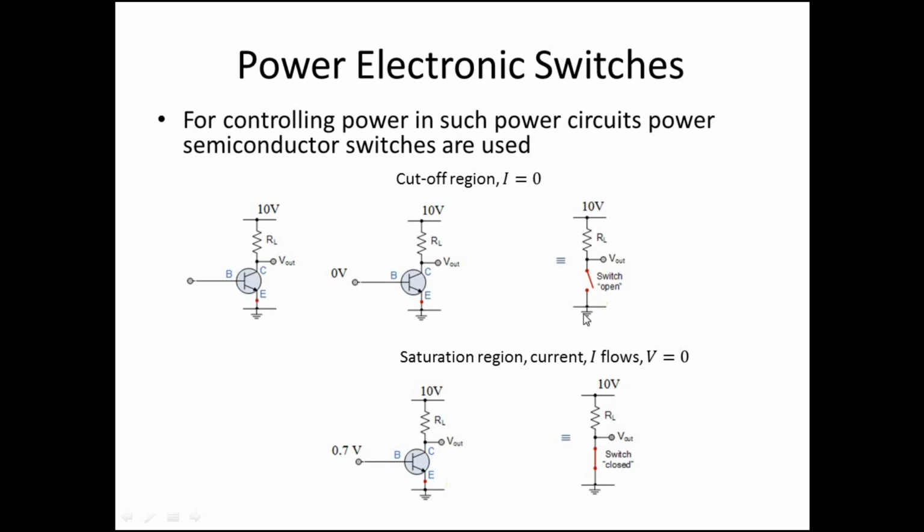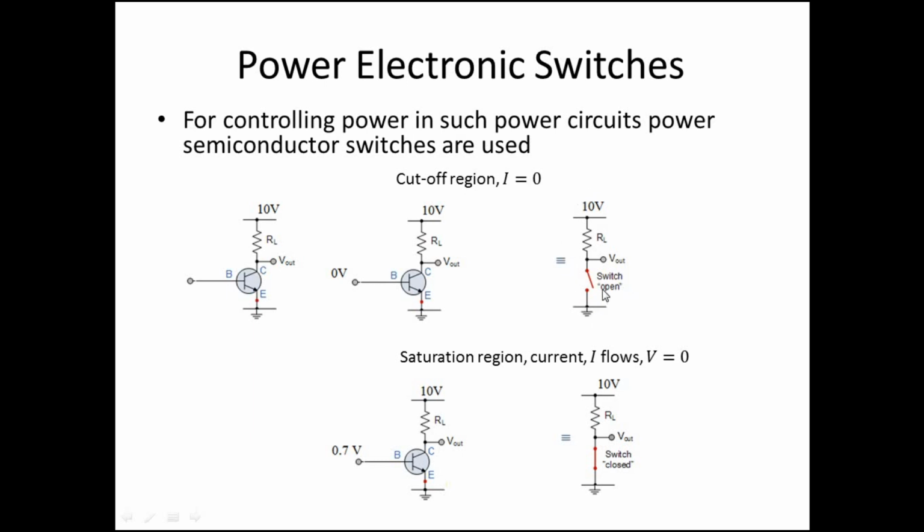If we are able to produce a semiconductor device that can carry high power, high current and high voltage, we can use it as a power semiconductor switch.